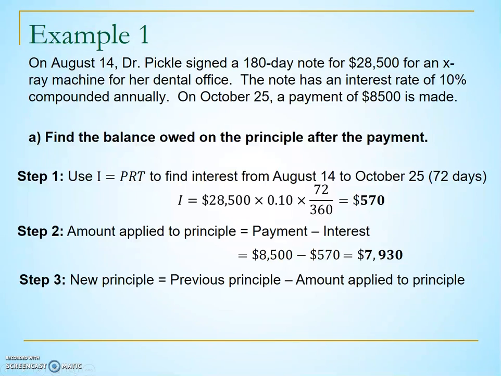Step 3, the new principal on the loan is the beginning principal, $28,500, minus the $7,930 that is applied to the principal. The new principal now becomes $20,570, the balance owed on the principal after this first payment.